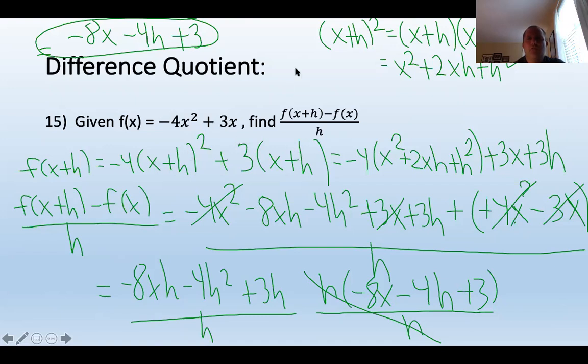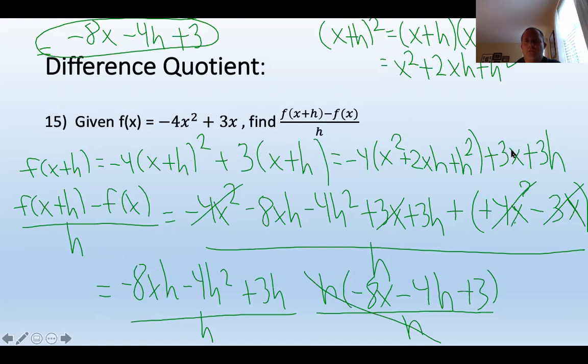X plus h squared, if you FOIL that, which I've done up here, you end up with x squared plus 2xh plus h squared. So it ends up being -4 times x squared plus 2xh plus h squared. Plus, then you take the 3 times x plus h and distribute 3.